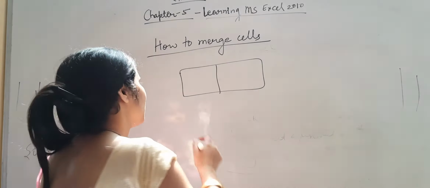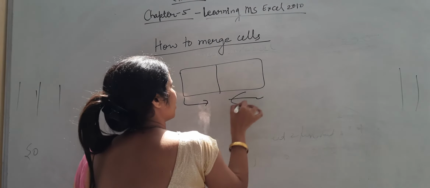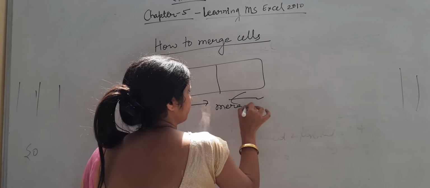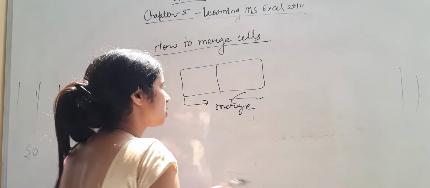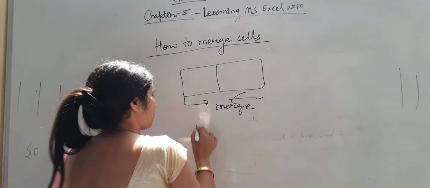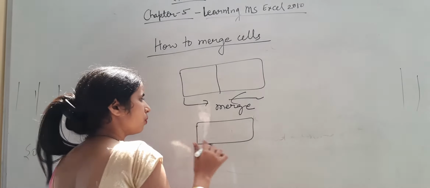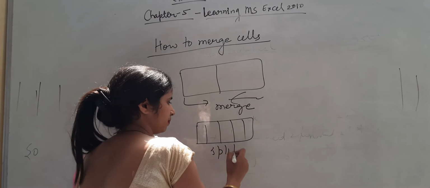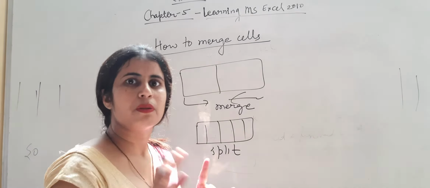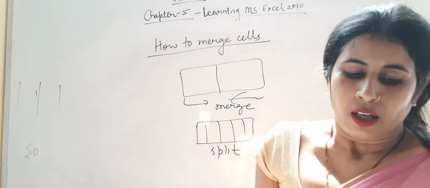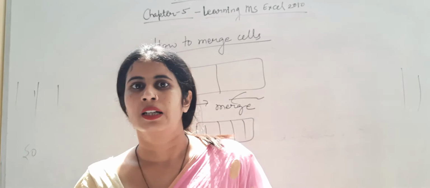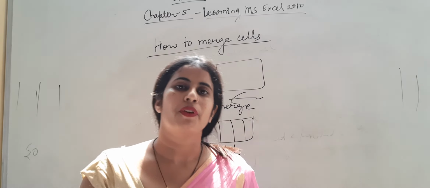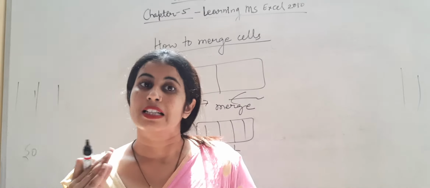So this is known as merging. Merge means jodna. What is split? Split means divide. Suppose there is a column or row, I want to divide it into 5 sections, so it is known as split. So, got the difference between merge and split? If we are combining, it is known as merging. If we are dividing, it is known as splitting.